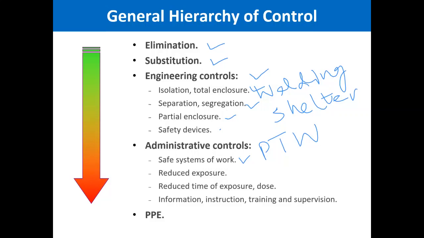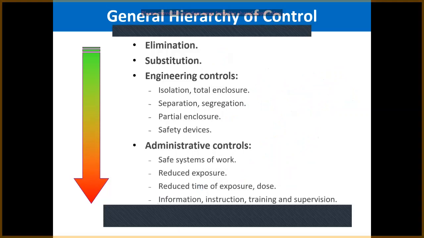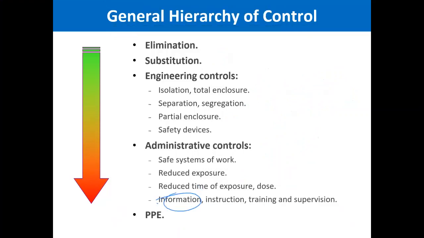That is for job rotation. Currently, we're talking about fire happening, so that does not apply here. Reduce time of exposure dosage, that does not either. Yes, information. Provide adequate training to the workers. You can mention toolbox talk, you can provide counseling, you can provide training.